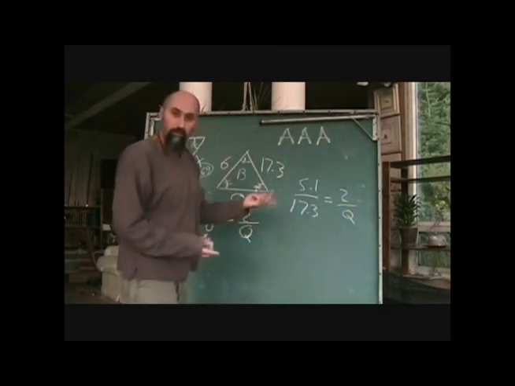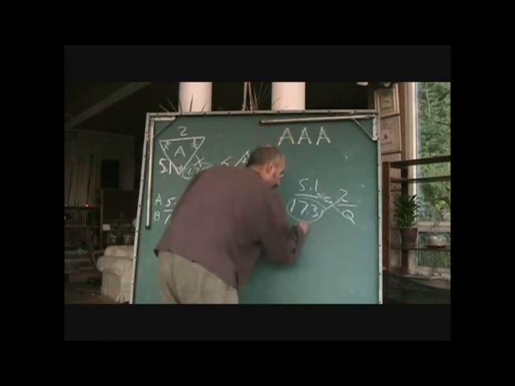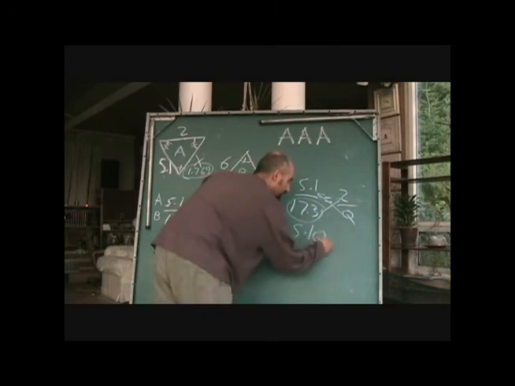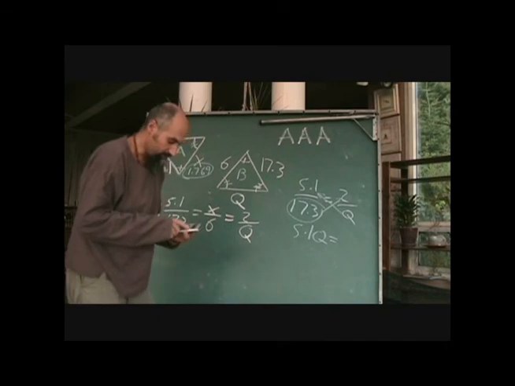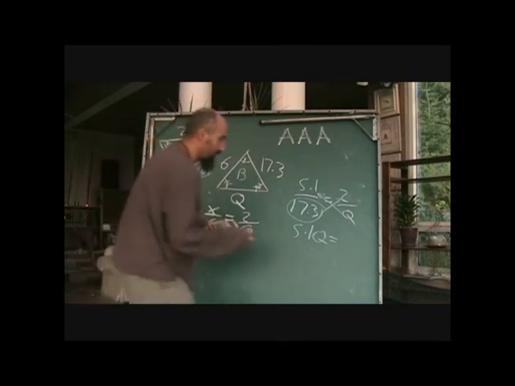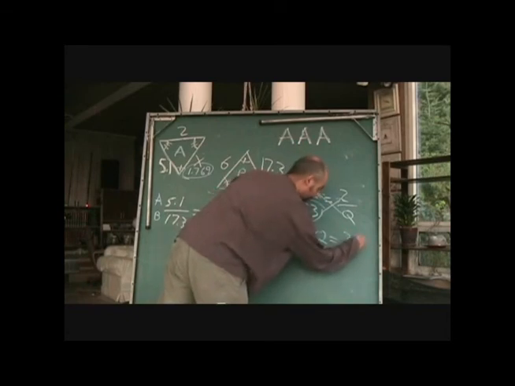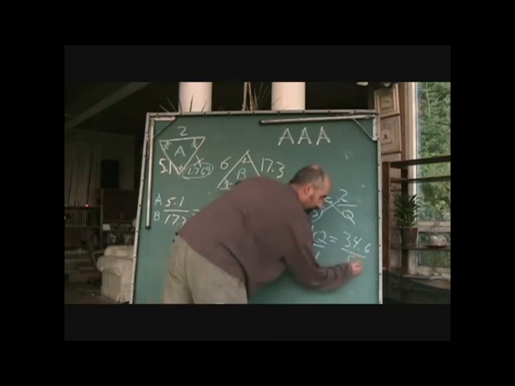Again, cross multiply. So q comes up and multiplies this. This guy comes up and multiplies that. So that's going to be 5.1 q is equal to 17.3 times 2, which is 34.6. Divide by 5.1.